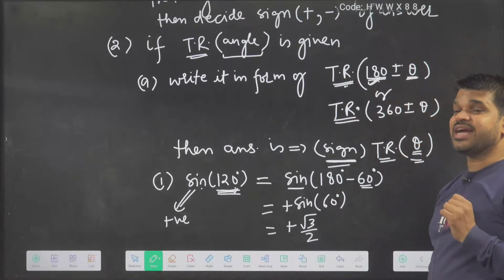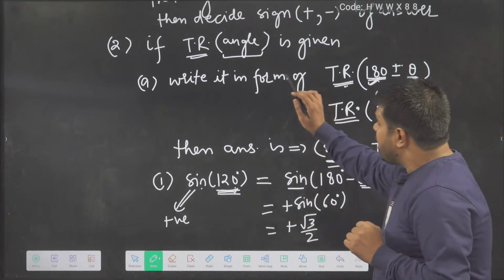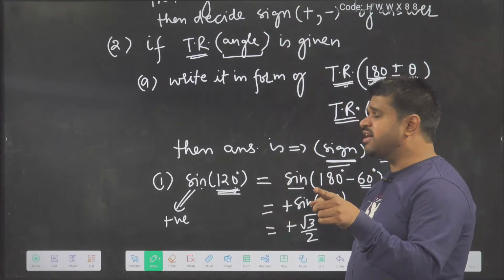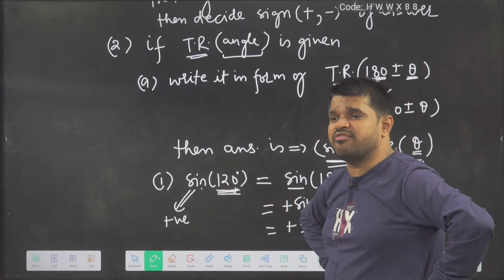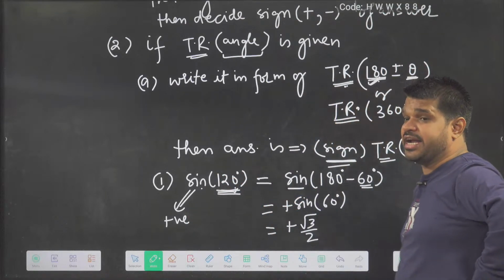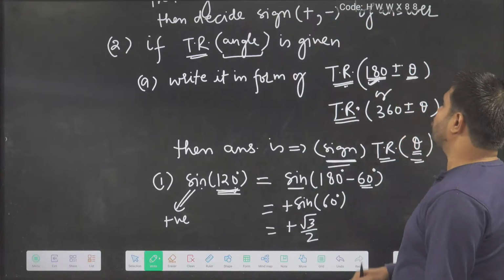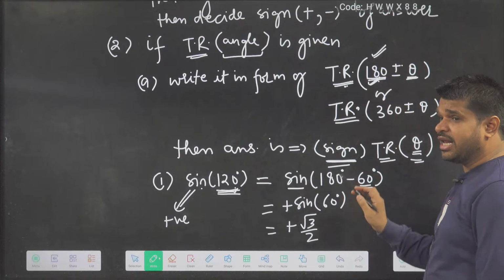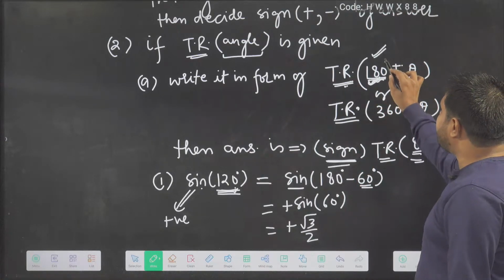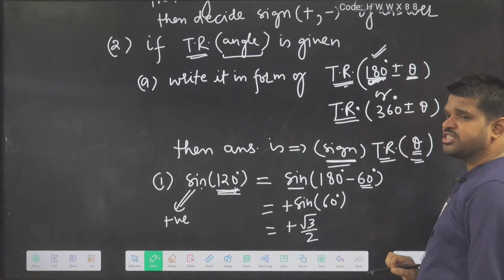So again, understand it like this. In step number 1, I will decide whether the answer is positive or negative. After that, write the trigonometric ratio and write the angle using either 180 degree or 360 degree.